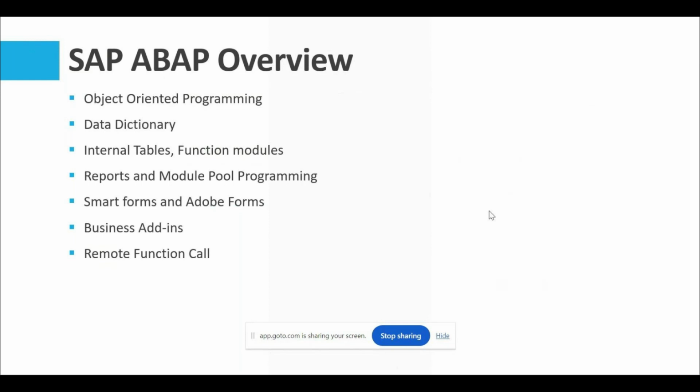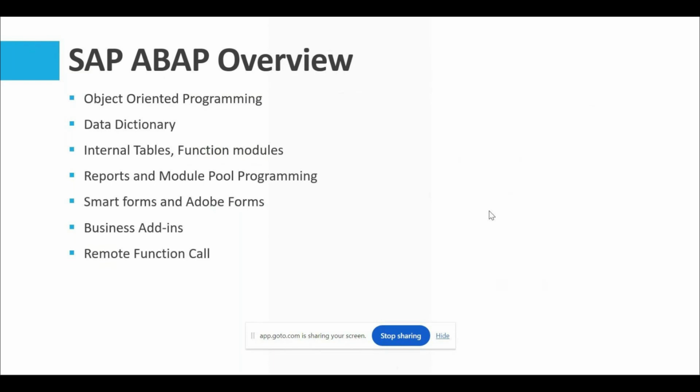Why I am adding internal tables and function modules as part of the SAP ABAP overview is, as I mentioned, EWM purely works on classes and methods first of all. Most of the time, you will find standard SAP class methods readily available for whatever process you want to implement.